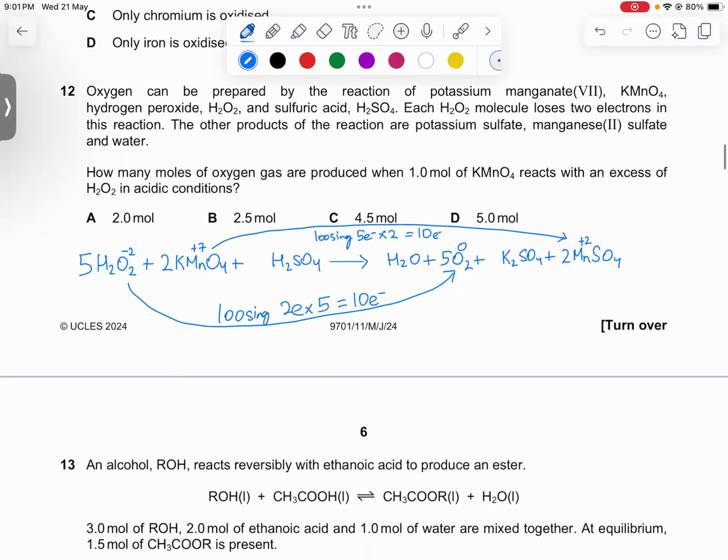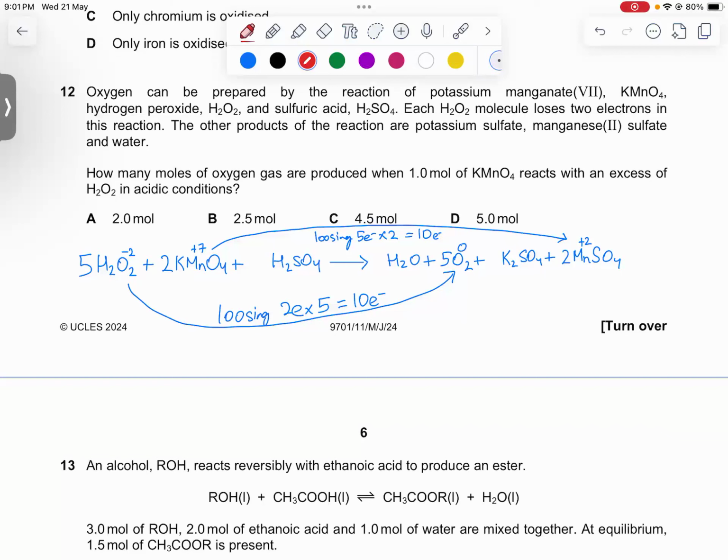Now we can balance the other part of the equation as well, which is H2SO4. There is just one SO4 over here, and there are 3 SO4 in total over here, so we'll put a 3 before H2SO4.